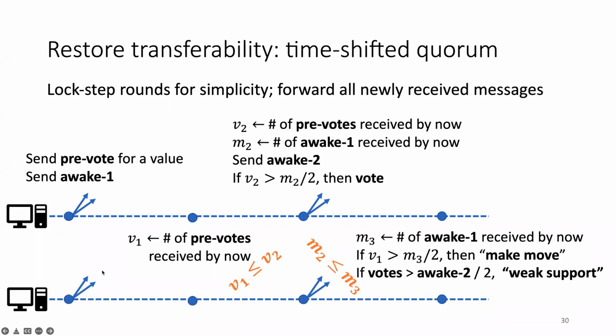Therefore, if I make the strong move, everybody is going to vote. If everybody is going to vote, then everybody is going to receive enough votes, more than half the number of awake 2 in the entire system. So they will all weakly support my move.